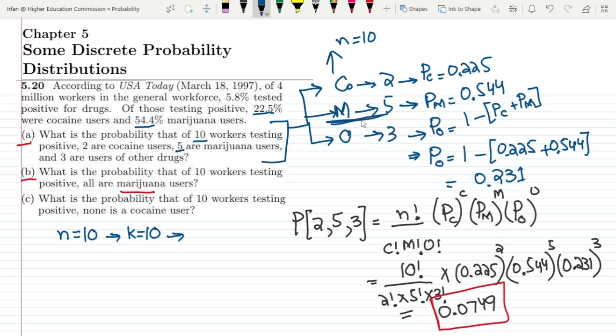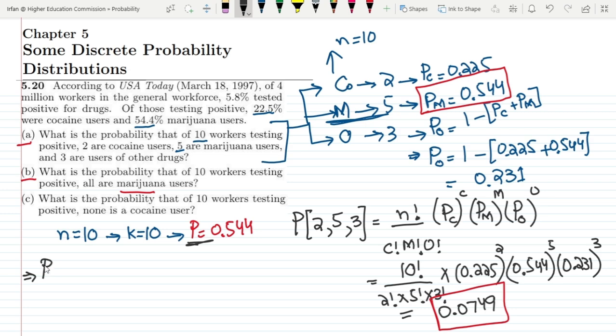The probability of the marijuana users is 0.544, let me have this as P. We can see that this is a binomial probability problem, because here we have only one category, either a person is a marijuana user or not. So let me find it out.